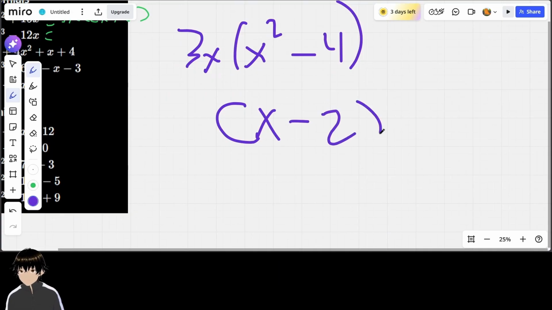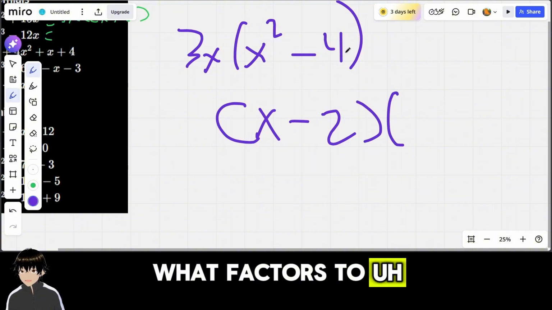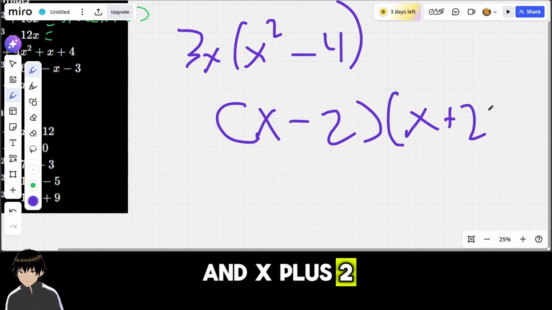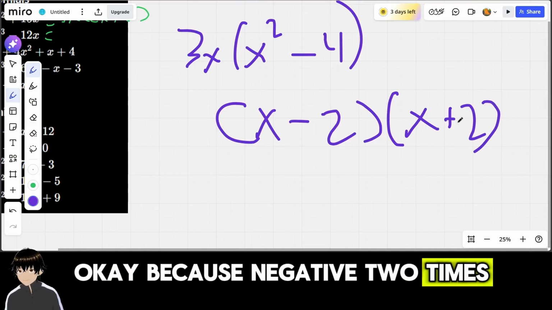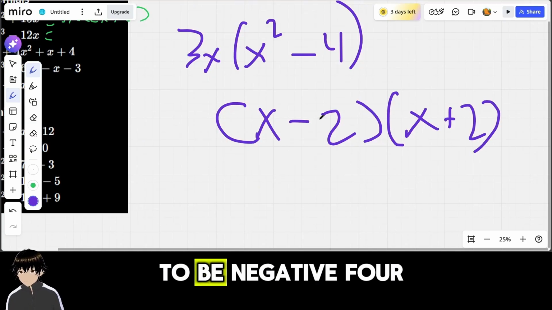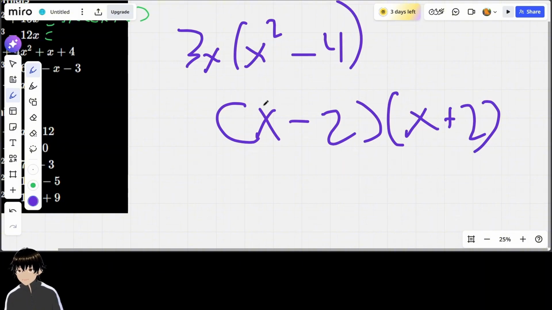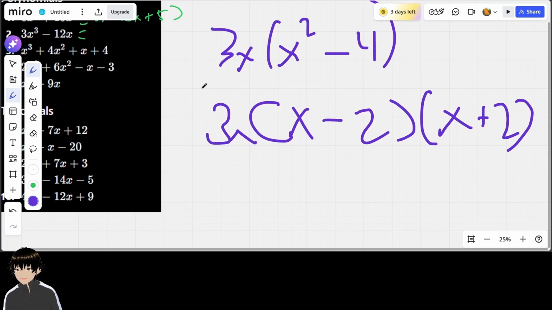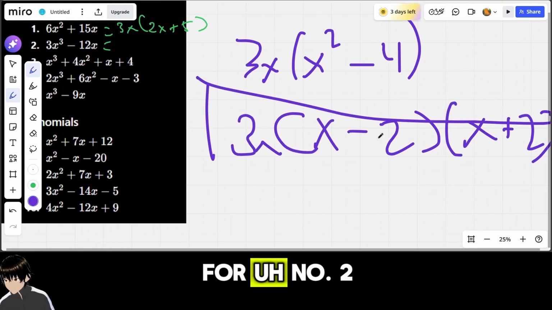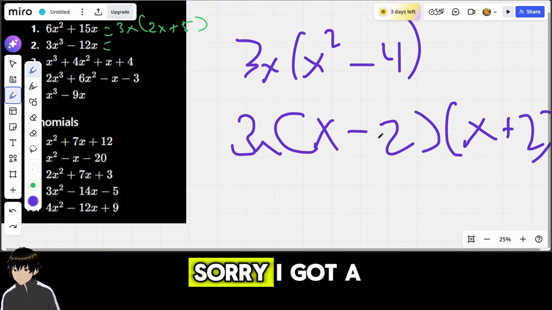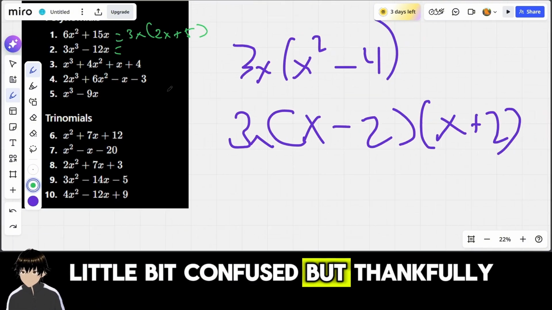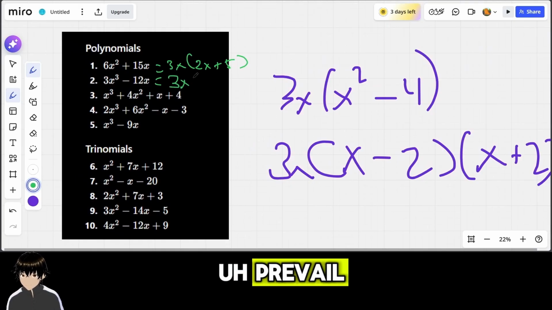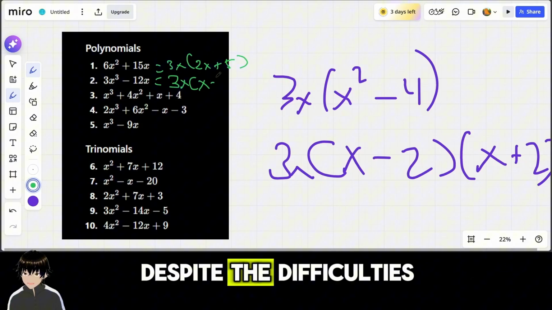What factors to x squared minus 4 is x minus 2 and x plus 2, because negative 2 times positive 2 is negative 4, and x times x is going to be x squared. So that's going to be the answer for number 2. Sorry, I got a little bit confused, but thankfully we managed to prevail despite the difficulties.